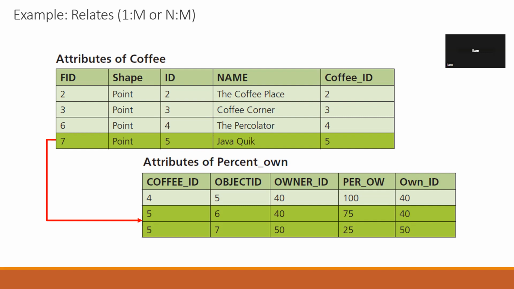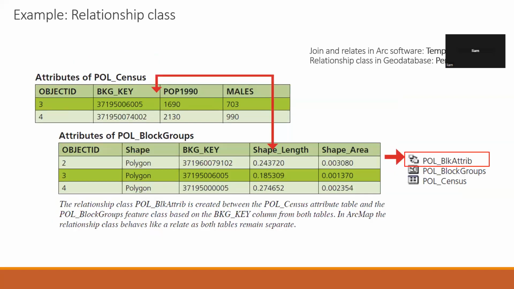But you can actually navigate when you make a relate between the two tables. If you select a row, which is ID number 7, then you can highlight the two rows that are related to this row. But the two tables still remain separate. I'm going to show you relates later in ArcPro.